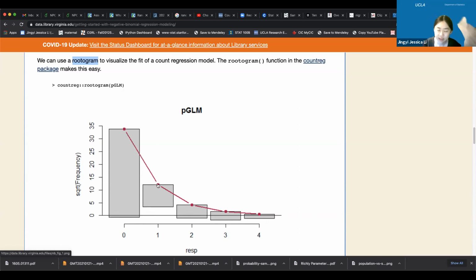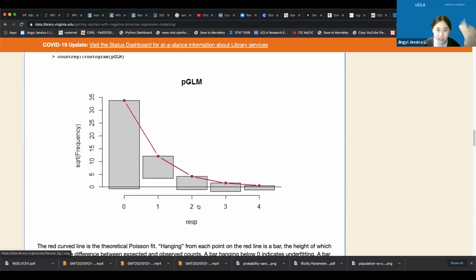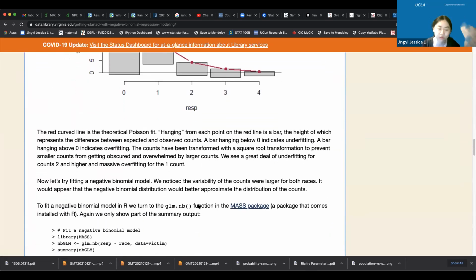They are connected at the top and the bottom is allowed to vary. Sometimes the bar may go below 0, sometimes above 0. But whenever it's far away from 0, it indicates that our fitted model does not fit our data that well. If it's a perfect fit, every bar bottom will be right at 0. So this is telling us that probably the Poisson regression doesn't do a very good job. Then we continue to try the negative binomial regression.